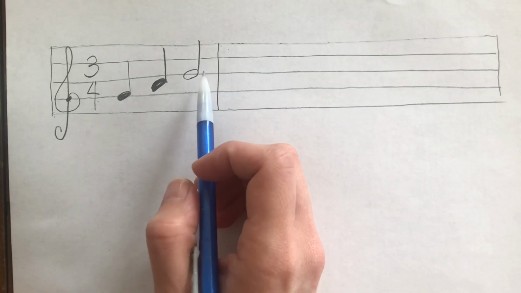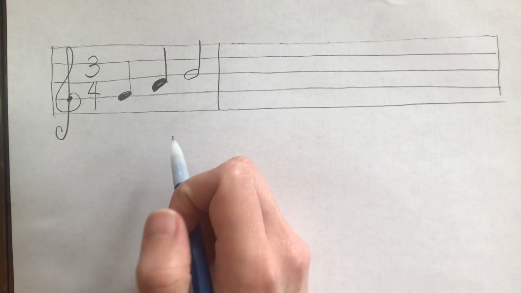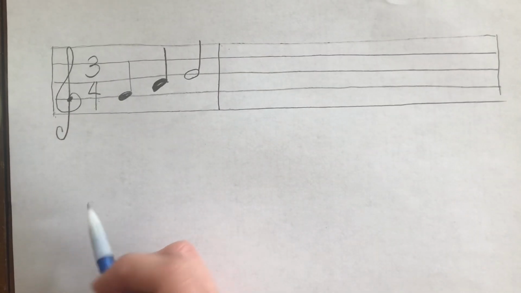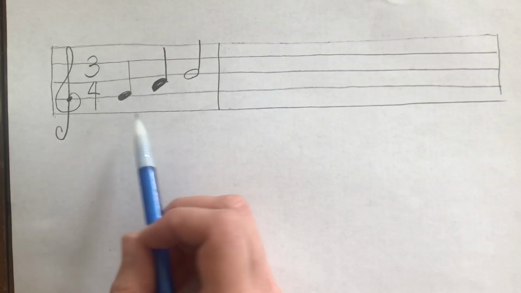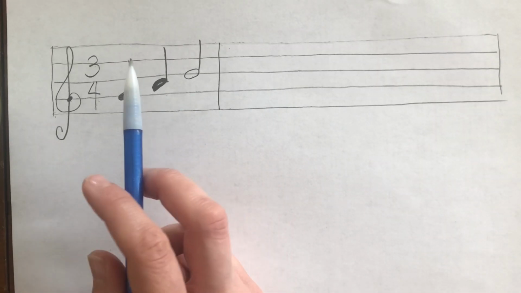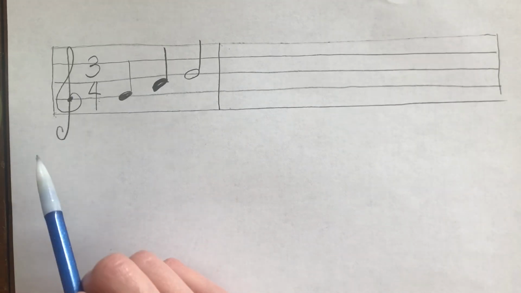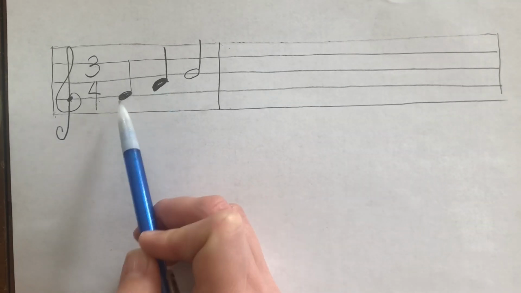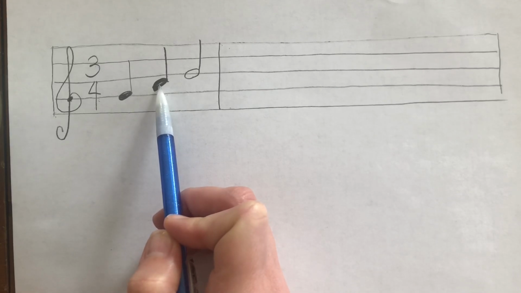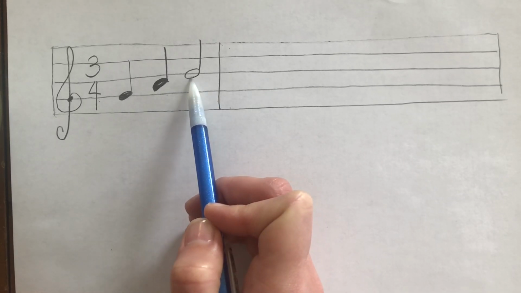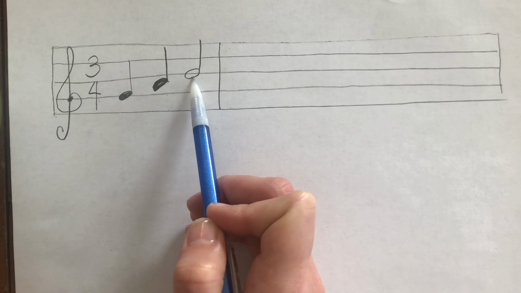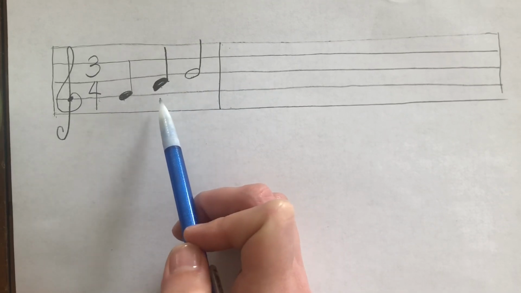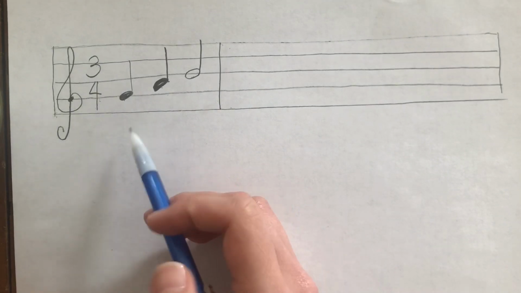Now, if you said there are too many beats in this measure, you are right, because in 3/4 time, we can only put 3 beats in a measure. We have 3 notes, which we learned last week is not the same as 3 beats. So this is 1 beat, that's 1 beat, so this plus this is 2, and then this note is 2 beats. So we can't have 2 beats and then 1 beat plus 1 beat, that equals 4. We need to have 3 beats in a measure.